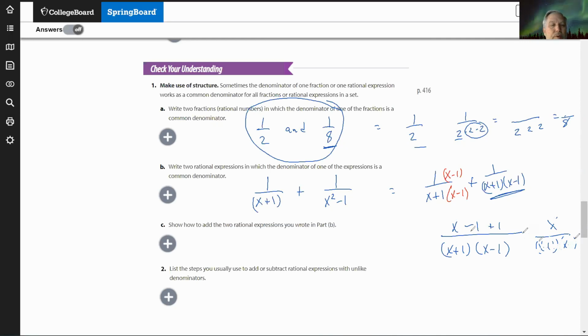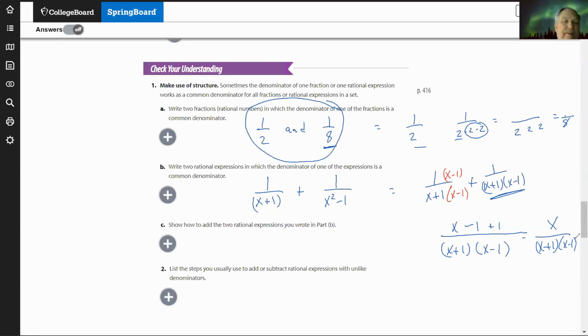Item number 2, list the steps you usually use to add or subtract rational expressions with unlike denominators. Essentially what it's asking you to do is, first of all, find the common denominator by using the least common multiple. Then you would add or subtract the numerators over the least common multiple. And then the last step is simplify.